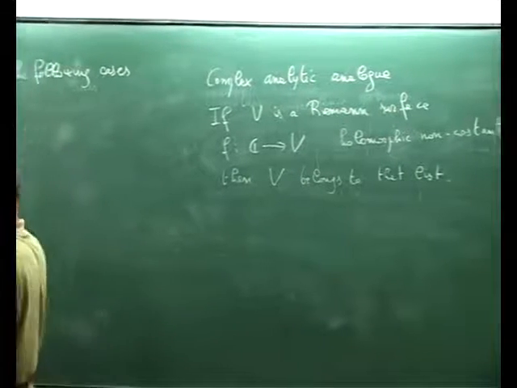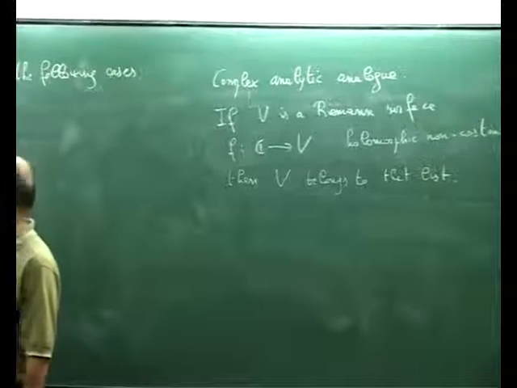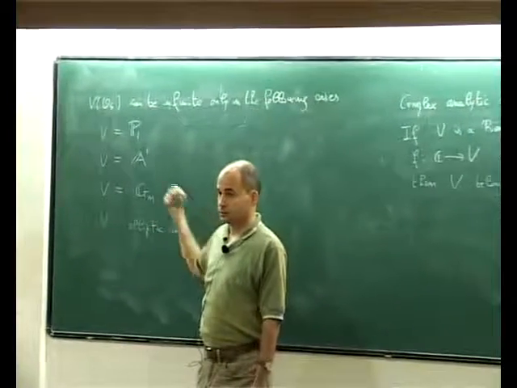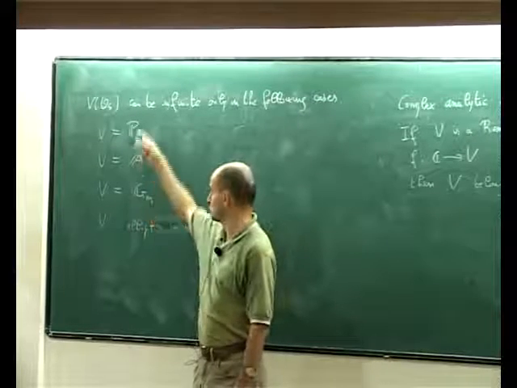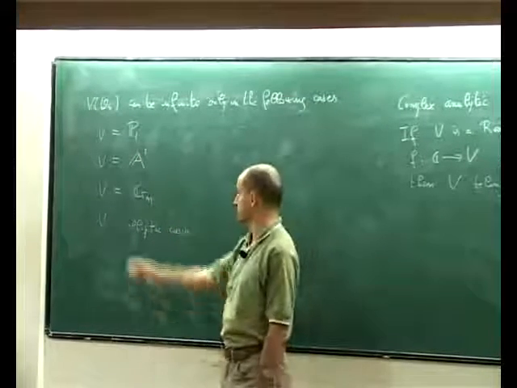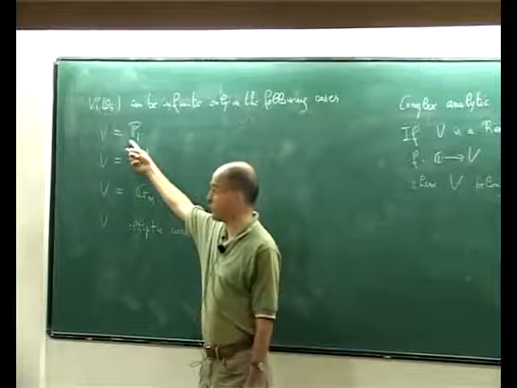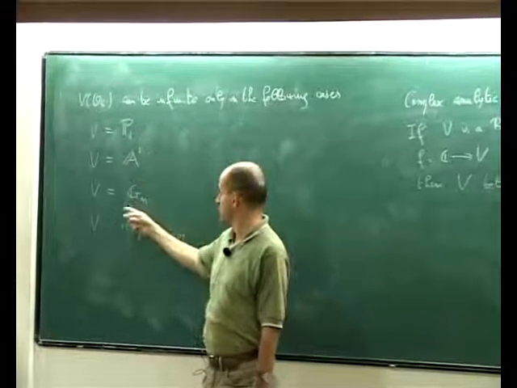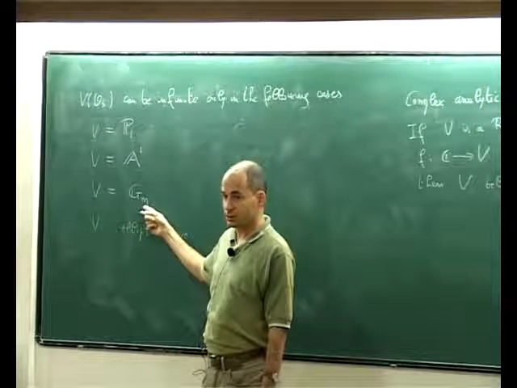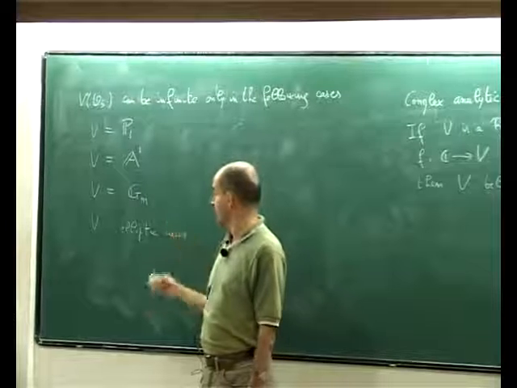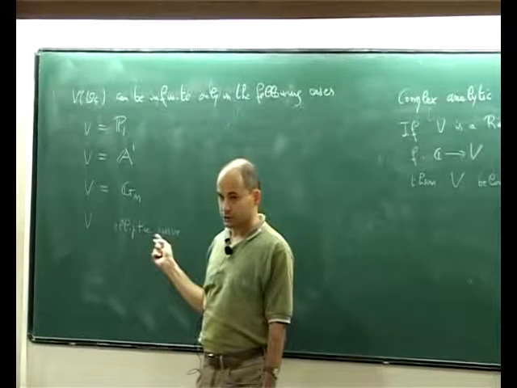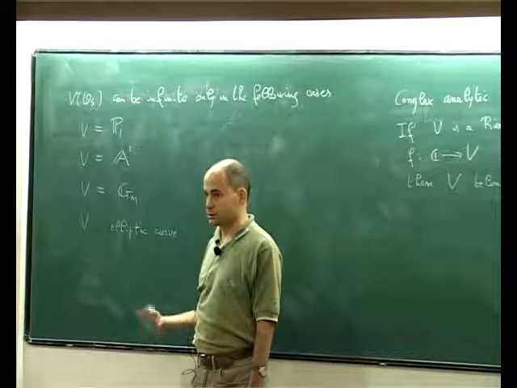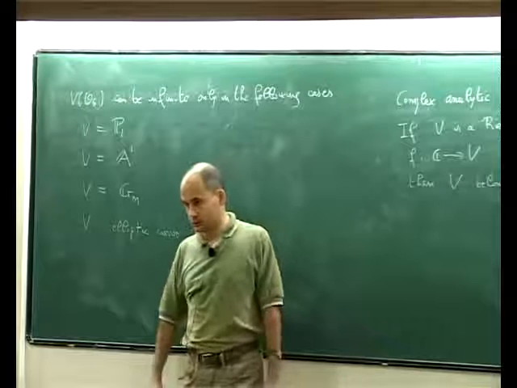And vice versa, for each one of these Riemann surfaces, there exists an entire non-constant map towards that Riemann surface. Clearly, there are entire holomorphic maps to P1, to A1, which is the same as C, to Gm, which is C star, that is the exponential map, and to an elliptic curve, which is a complex torus. So the universal cover is an entire non-constant map.